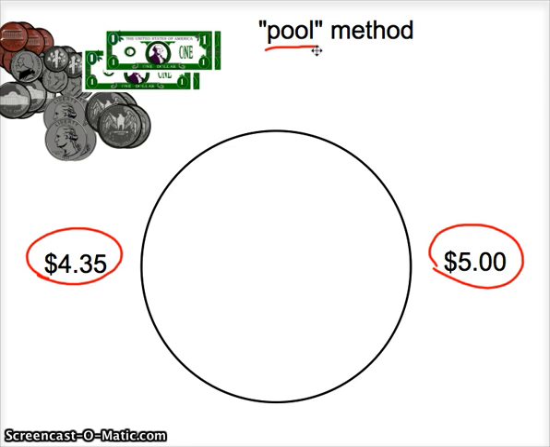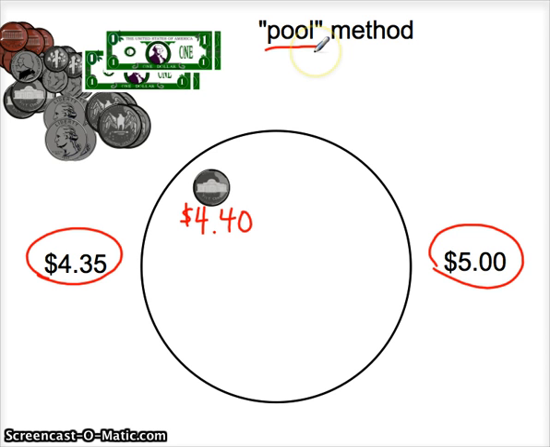So what we're going to do is start at $4.35, and try to count our way up to $5 with money. The first thing we can add to $4.35 would be a nickel. Okay, and that nickel gets us to $4.40, because $4.35 plus 5 gets us to $4.40.